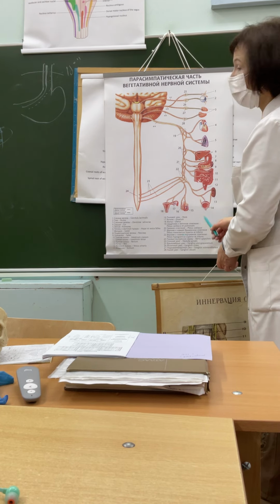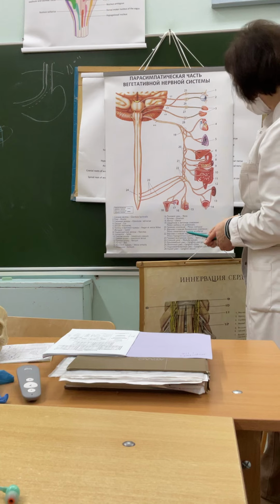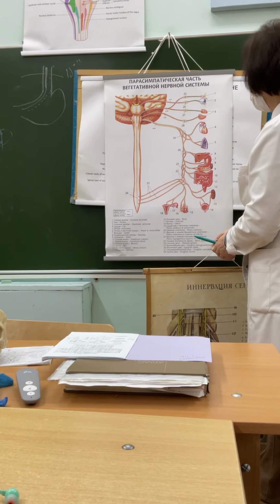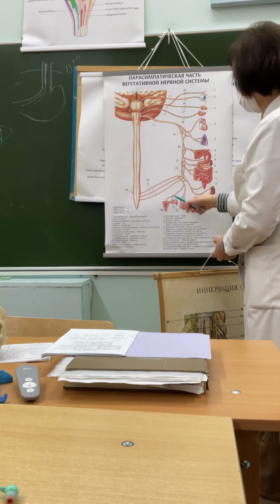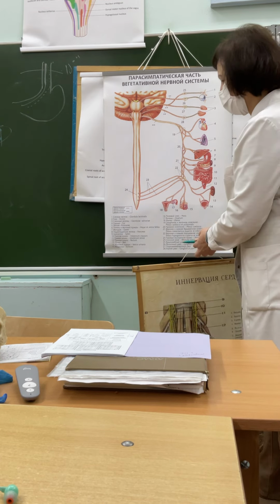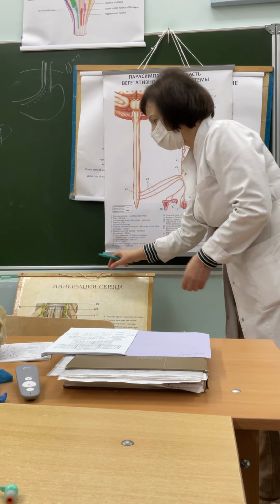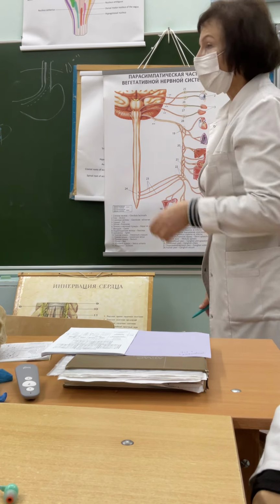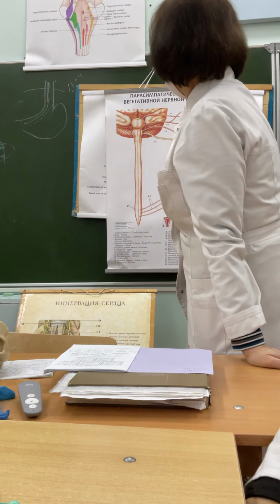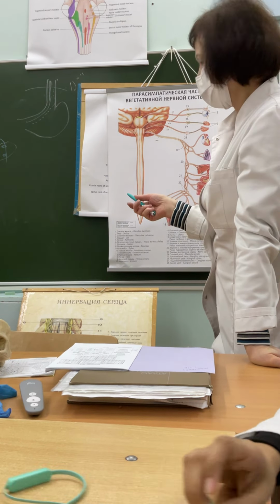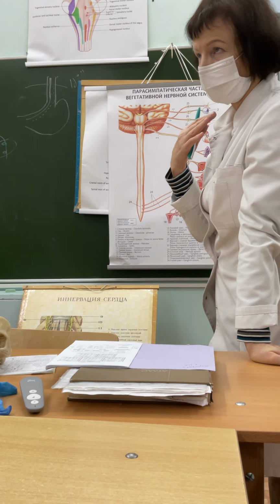Yeah. And organs of the pelvis, it also doesn't innervate because we have the sacral part of the parasympathetic nervous system for organs over here. You can see organs of the pelvis. So actually it innervates everything. So therefore the name vagus nerve. Okay. So as we said, somatic motor fibers we have up to the upper part of the esophagus.